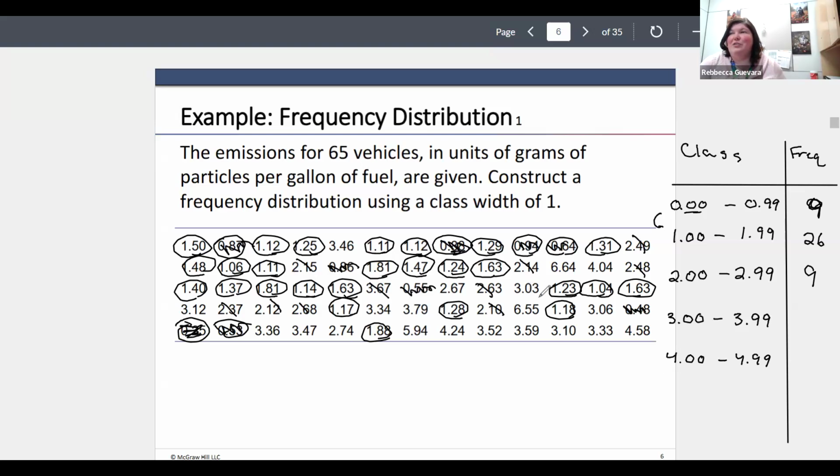We would have 1, 2, 3, 4, 5, 6, 7, 8, 9, 10, 11. And I just found another one here. So this is actually 10. Do all my 4s. I think we actually have 12 here. We'll go back and see here in a second. 4s. We got the 1. I missed that one too.